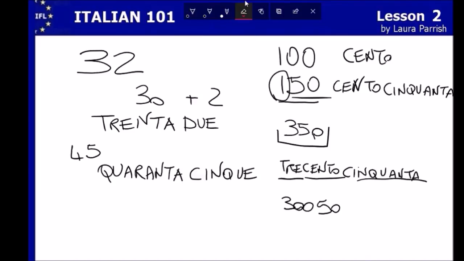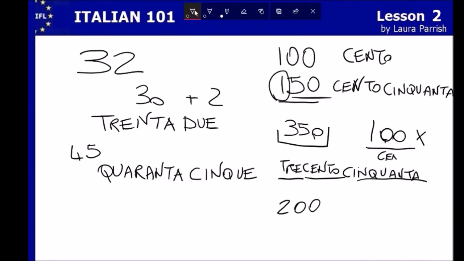The number 100 in Italian doesn't have a plural. So in English, this will be 100, this will be 200. In Italian, instead, this is 100, and this is 200.